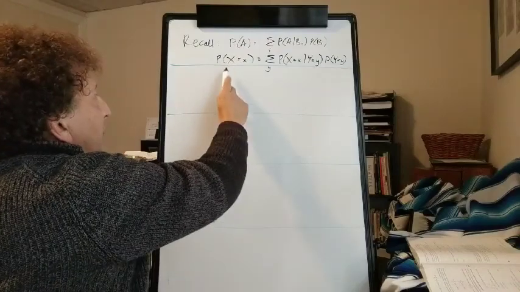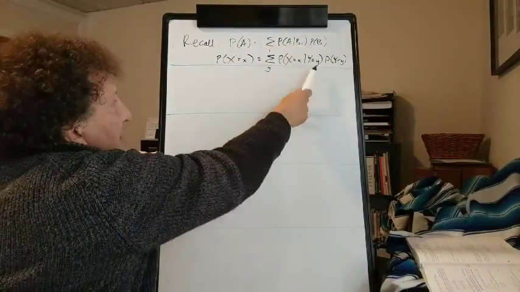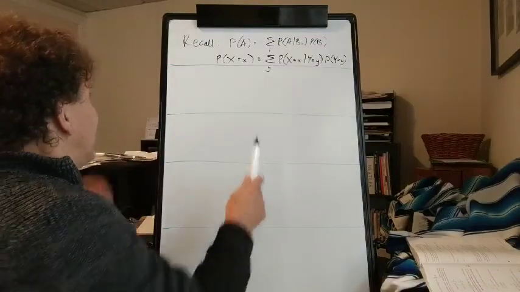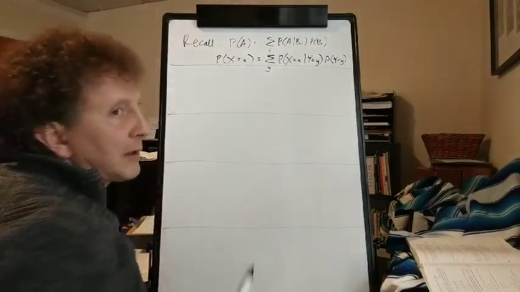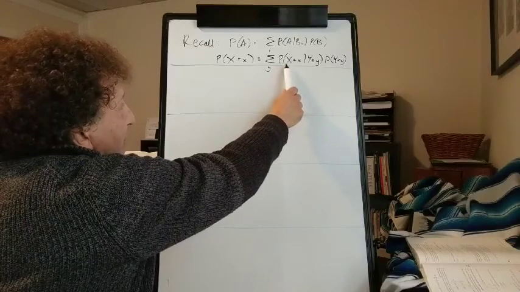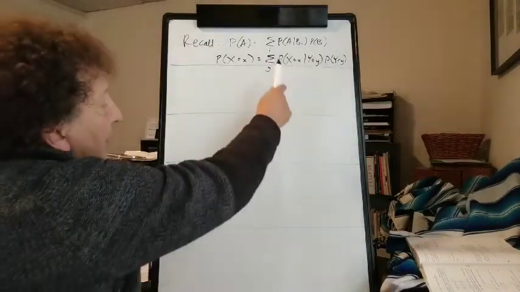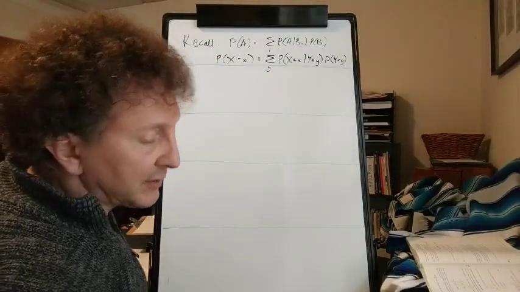A is the event that capital X equals x, and B_i is one of these events, Y equals little y. So if we find it difficult to compute the probability that capital X equals little x at face value, and easy to compute the probability that capital X equals little x given that capital Y equals little y, then we can do this a bunch of times and add them together and get the probability that X equals x.